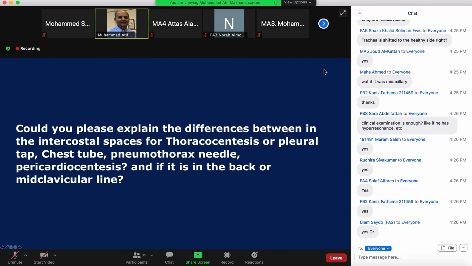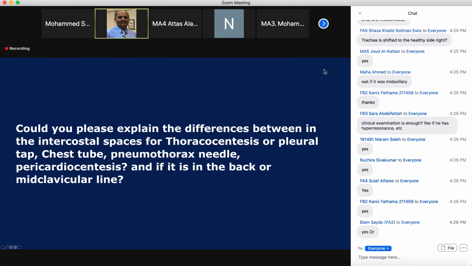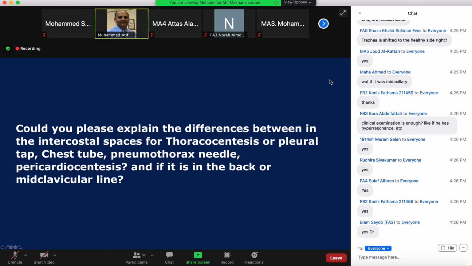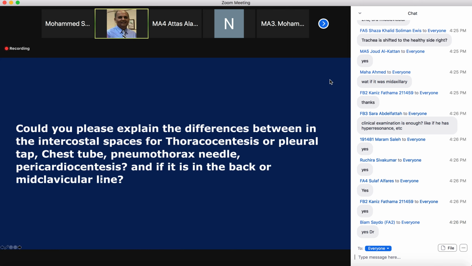Thoracocentesis or pleural tap are the same procedure. Chest tube insertion, pneumothorax needle, pericardiocentesis. And whether it is in the back or mid-clavicular line. Excellent. So this is a very big question. So I'll try to go over each and every concept, one by one. I need some image which can help you to understand better. So the question is what?